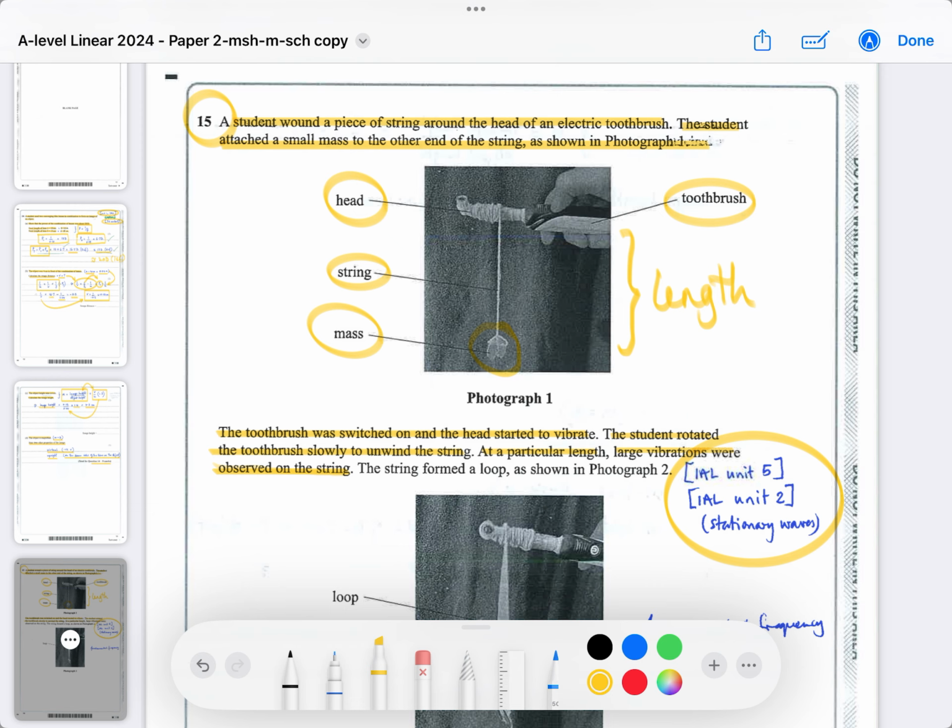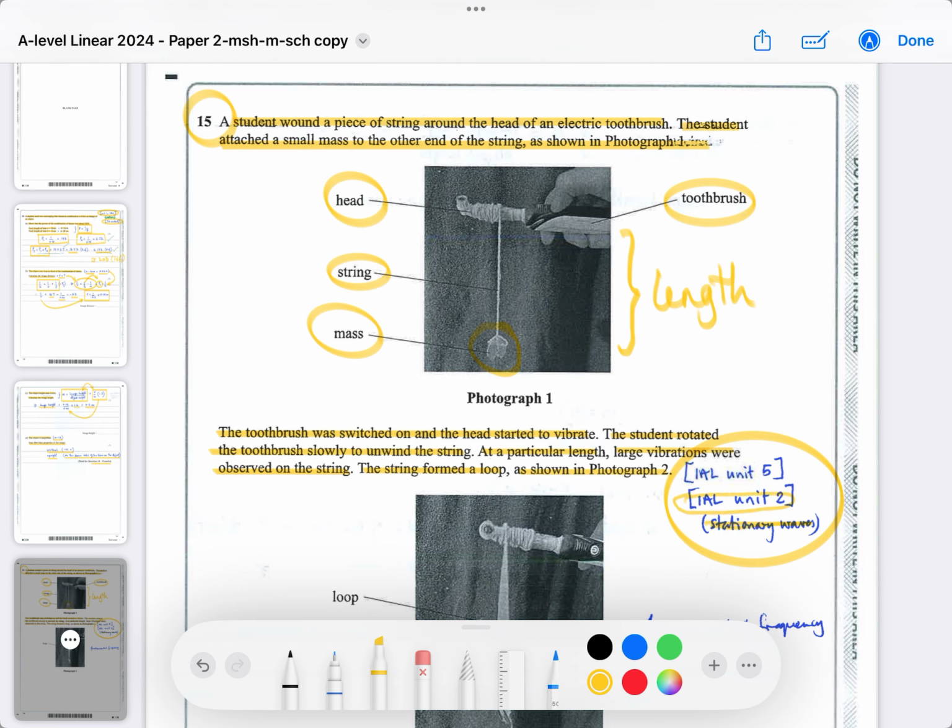So we got resonance. The string formed a loop, as shown in photograph 2. So this is setting up a stationary wave, which is from Year 12.